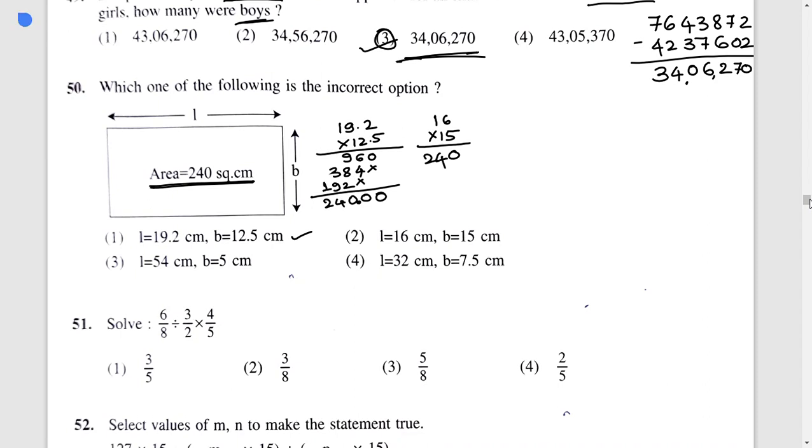So this also is 240. Again you multiply 54 into 5. You get 270. You multiply these numbers 32 into 7.5.